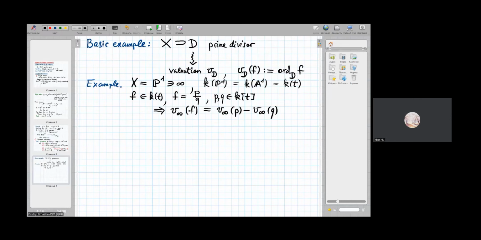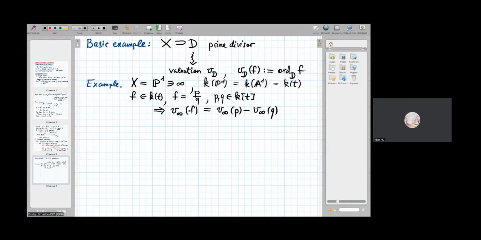And it remains to consider the case when f is a polynomial. So let's take q. What is the vanishing order of the polynomial q at the infinity point? Of course, it is minus the degree. Because if your polynomial has positive degree, then it has a pole at infinity, and the order of the pole is exactly the degree of this polynomial.